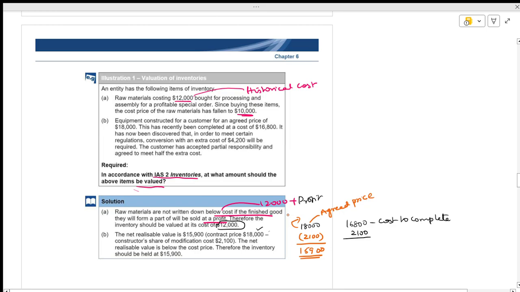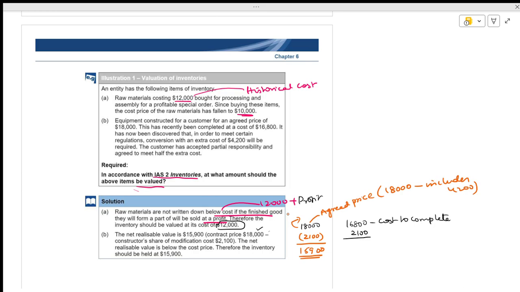In the agreed price, it includes 4,200. Okay? If you take this into consideration, 18,000 includes 4,200. But when it came to settlement, how much is there? He said that he will only pay 2,100.